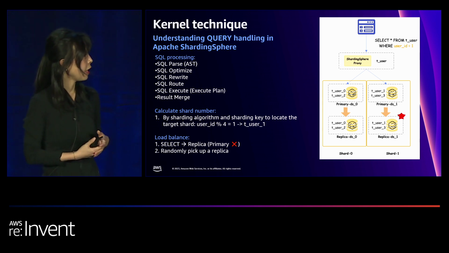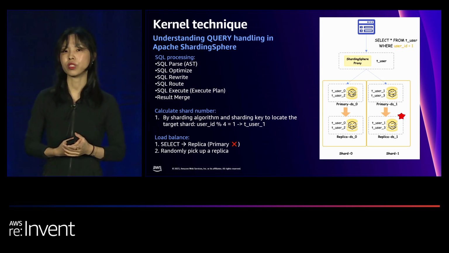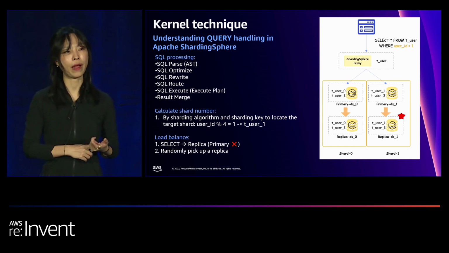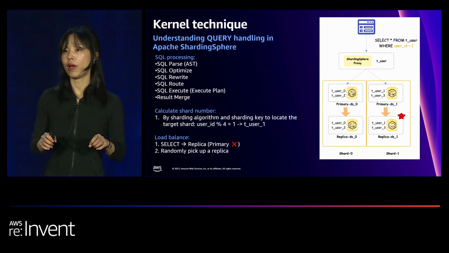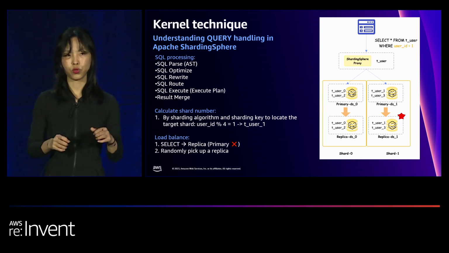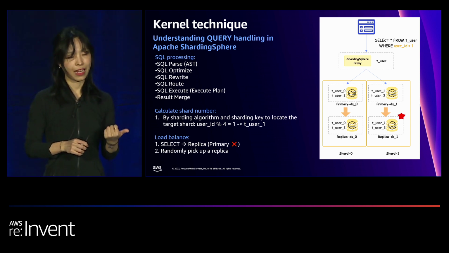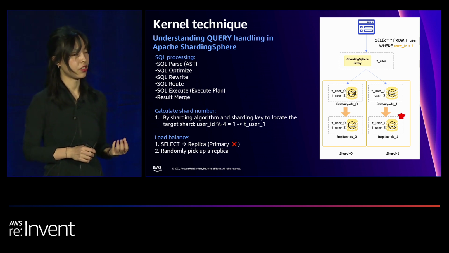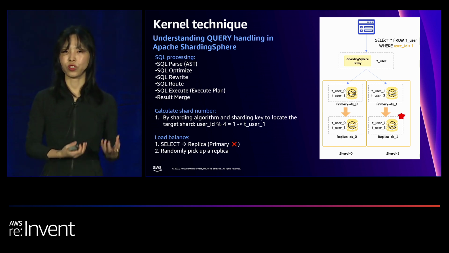So here, there is one important thing I need to introduce, that is the route. SQL route is very important because the first one is the distributed one. So ShardingSphere proxy needs to do the first route, that is to calculate which partition or which RDS cluster has your target data.